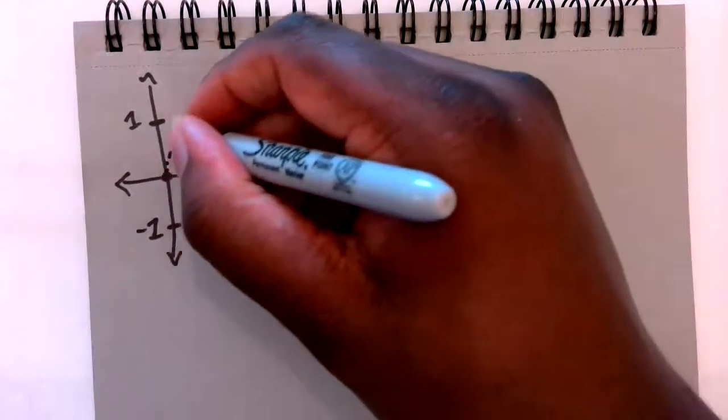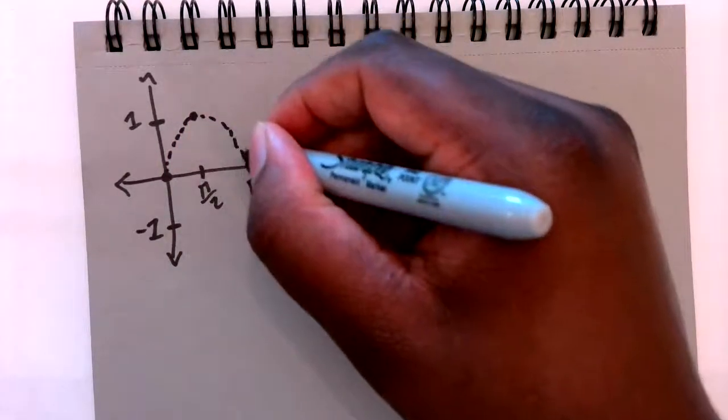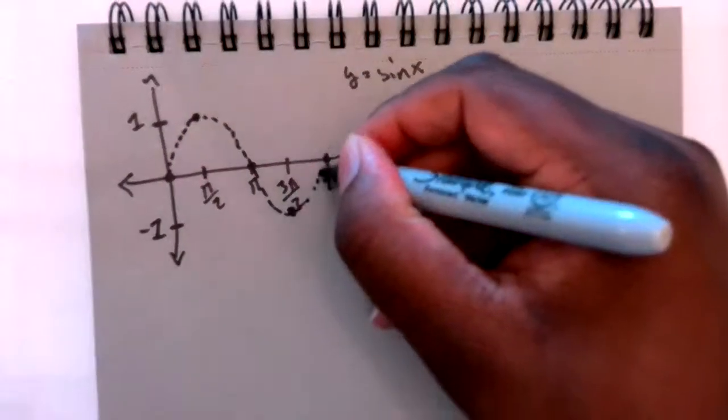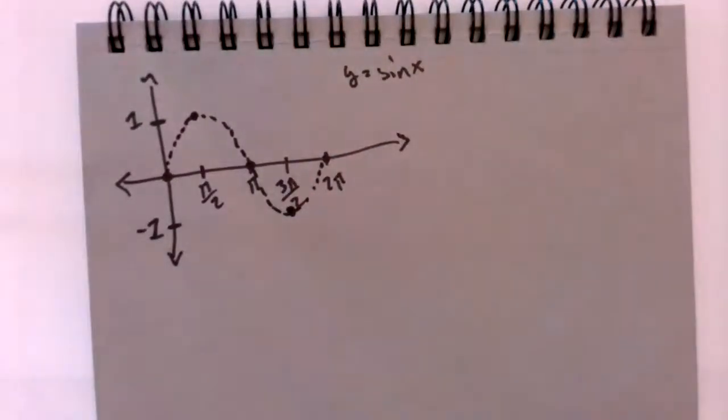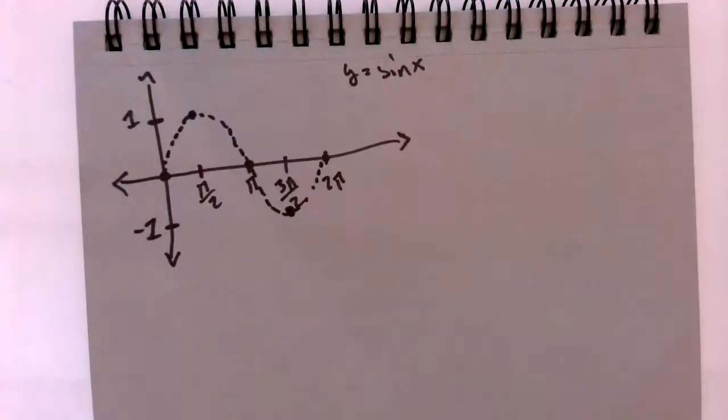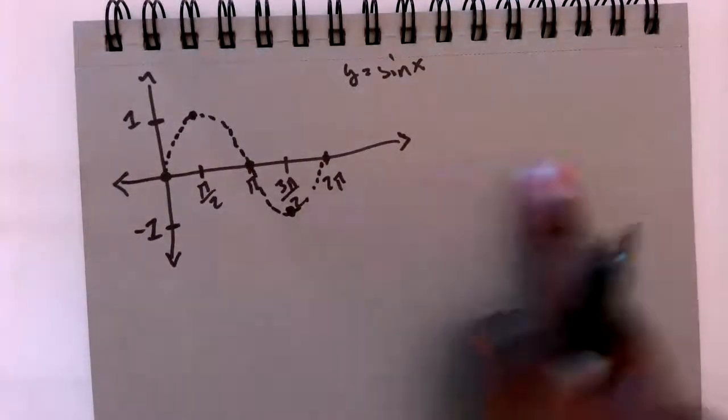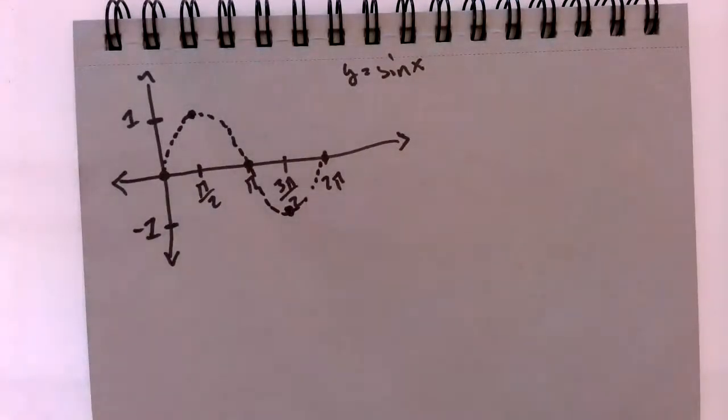If you don't remember, make sure that you watch the video on amplitude and period, because it goes through how to graph these things. Obviously, it continues to go both directions. Now that you have that, what if I wanted to shift this down a unit?